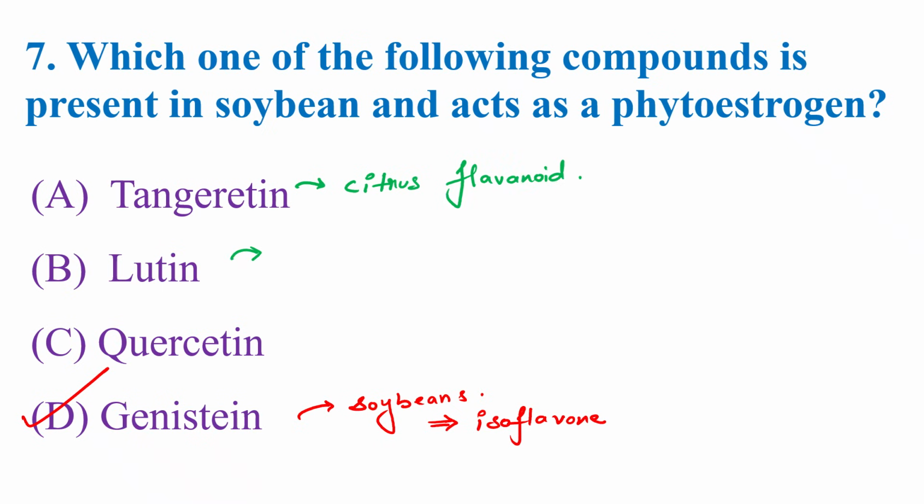Lutein, it's a carotenoid. Basically for eye health pigment, and it is not a phytoestrogen. And quercetin, it is a flavonoid with antioxidant property. So over here my correct option is D, that is genistein.